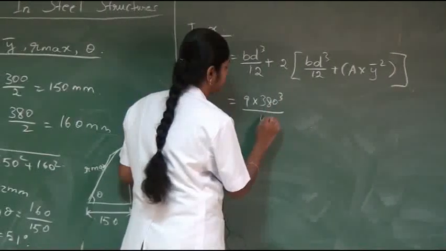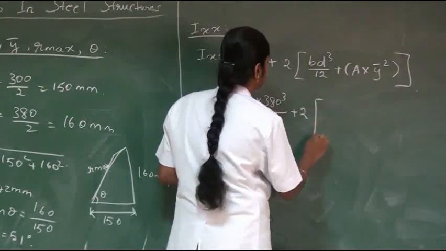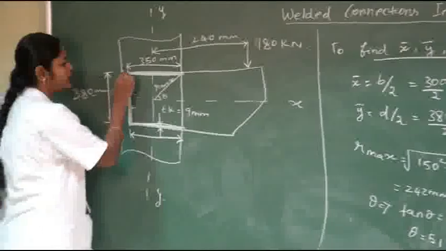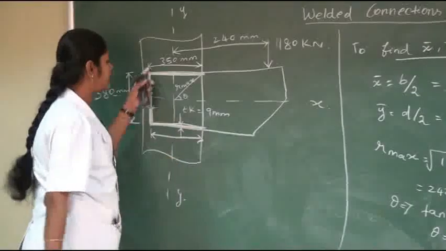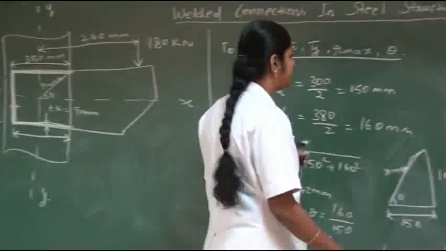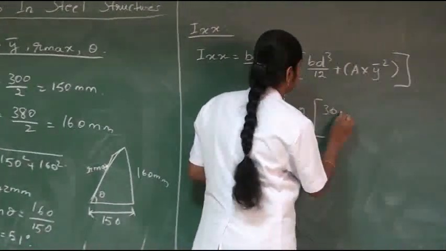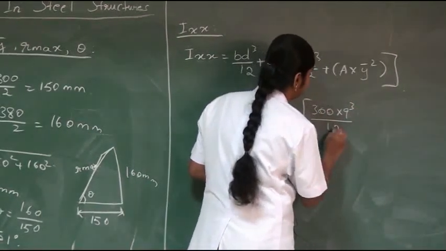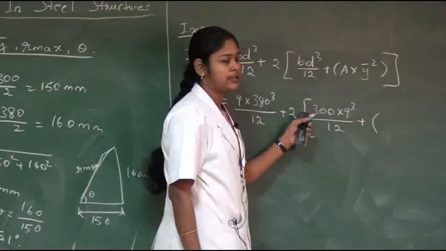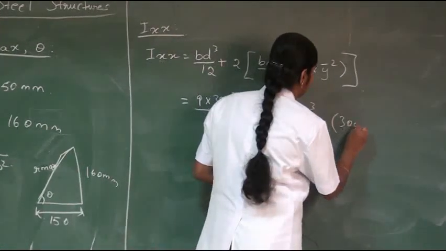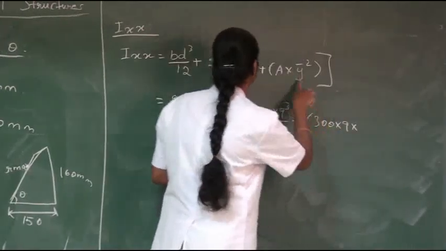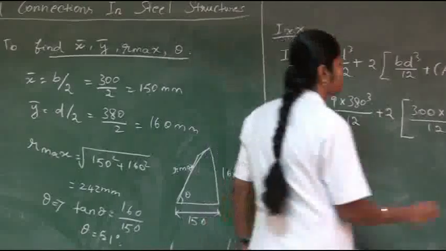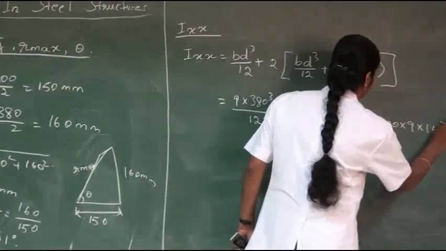cube divided by 12 plus 2 into, we are multiplying by 2 because here there are two portions of welding in this. So we are multiplying by 2, there the breadth is 300 into the depth 9 divided by 12, then the area of this section 300 into 9 into the y bar we have calculated here, it is 160 mm, 160 squared.